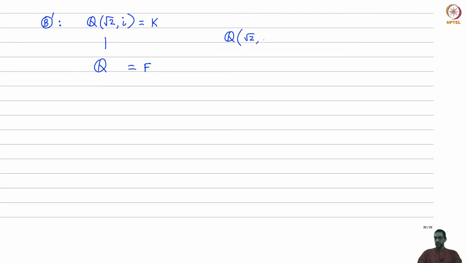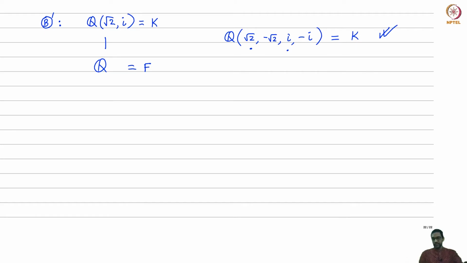What were the roots? They were plus root 2, minus root 2, i and minus i. If you adjoin the roots to Q, the subfield generated by this should give you all of K. In this case, that's fairly obvious, because as soon as you adjoin root 2 and i, you get everything. So this is in fact K. We have checked condition B dashed also, so this is an example of a normal extension.